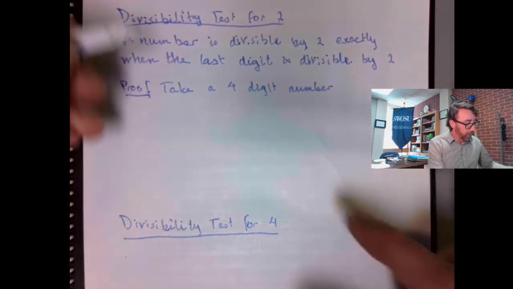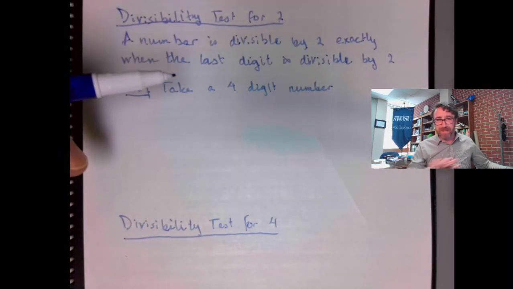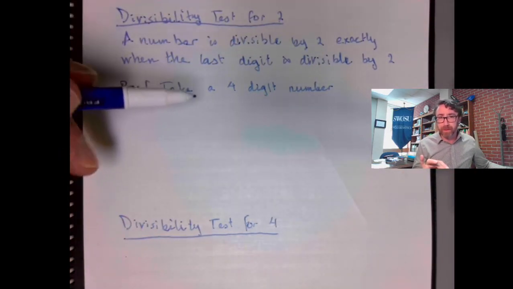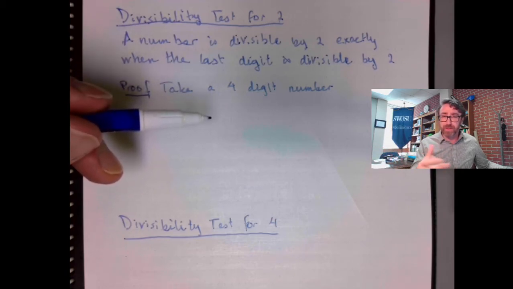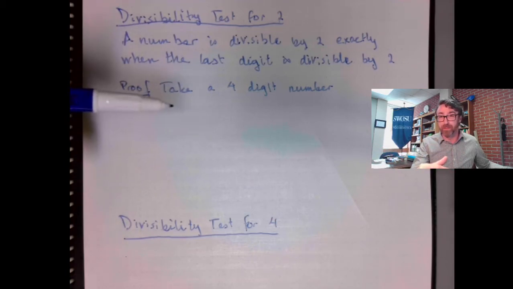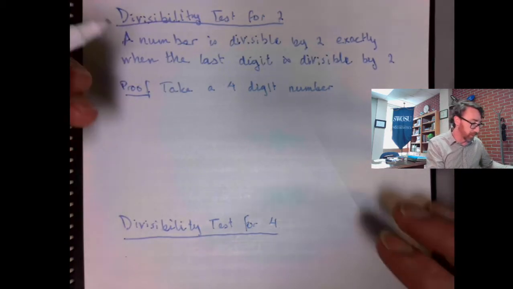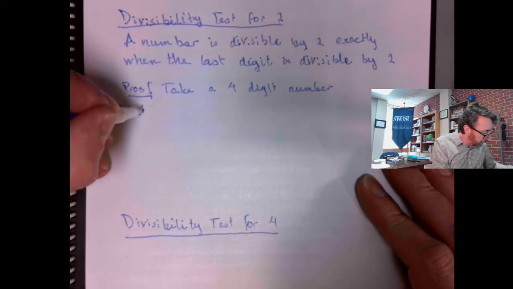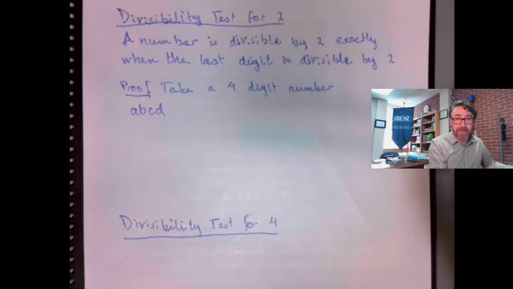Now the proof works the exact same way if I use any number of digits. So I'll just show you an example of a proof with a 4-digit number. The 4-digit number can be anything, A, B, C, D. Those are my digits.